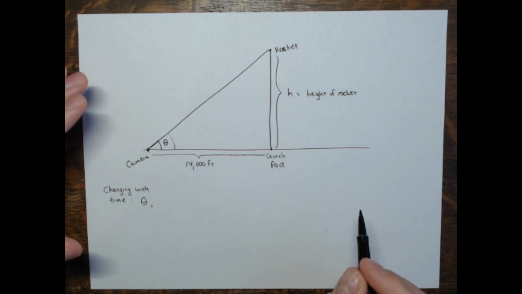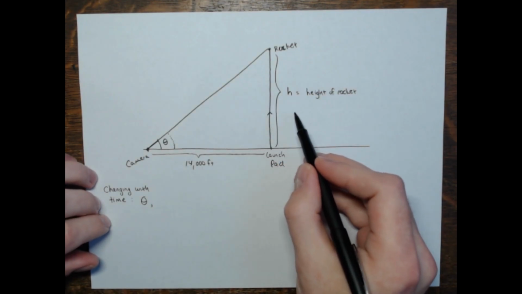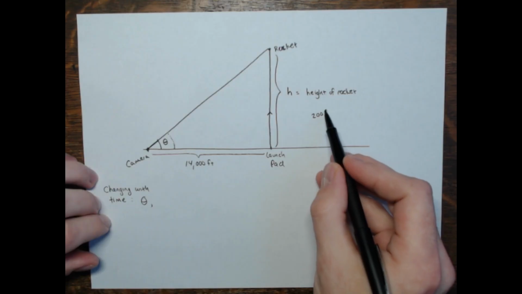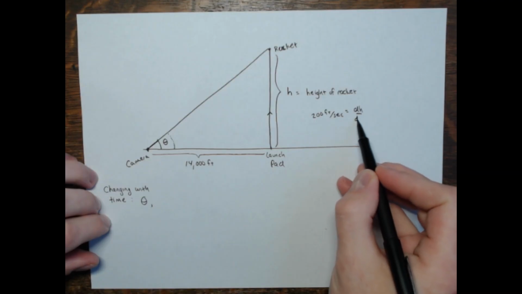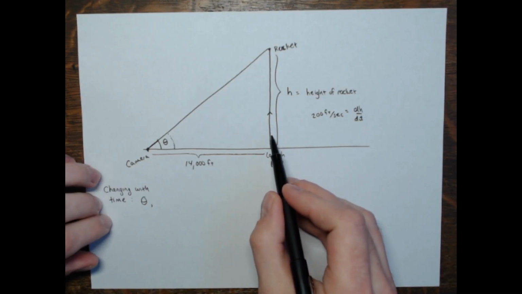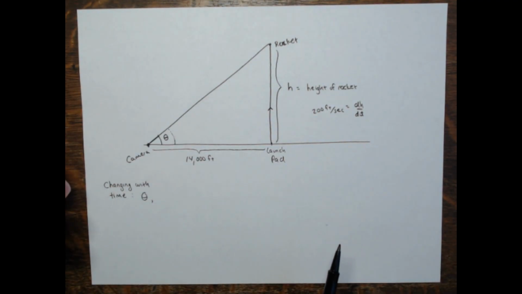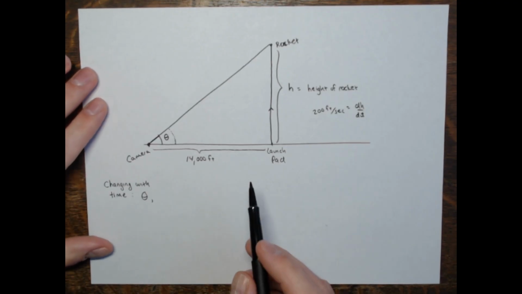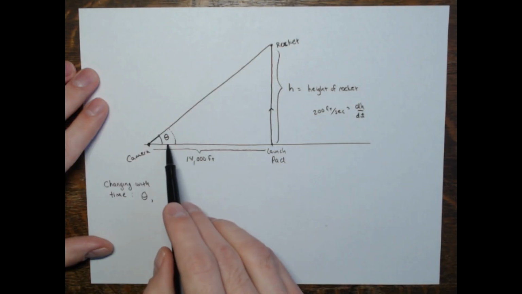And this is feet. And they told us it was going up at a rate of 200 feet per second. All right, so that's going to be dH/dt. And it's going to be positive because clearly as time goes on, h will be increasing, getting larger. All right, so hopefully you see a nice relationship between these two.